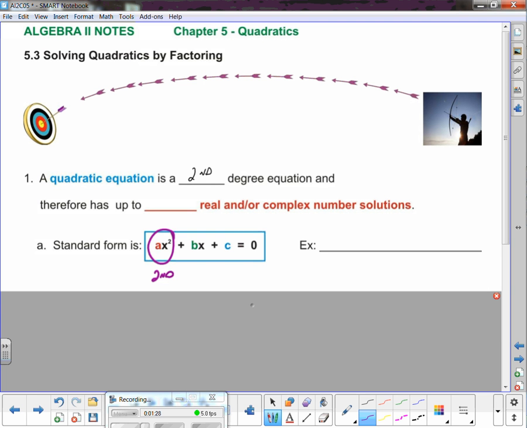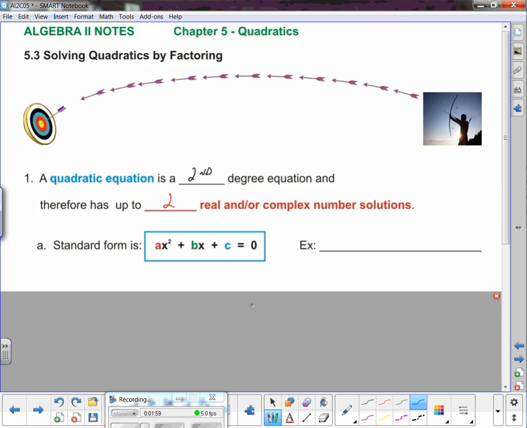That's a simplified way of looking at it, but that's what you'll need to keep in mind as we solve quadratics. In other words, you've got the variable squared. A quadratic equation is a second degree equation, and therefore has up to, and this is the key concept you've got to keep in mind, two real and or complex number solutions.